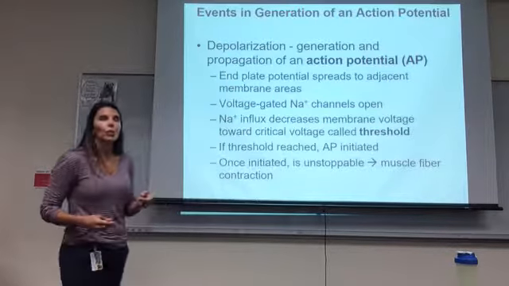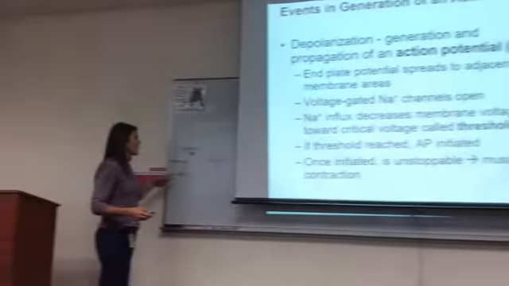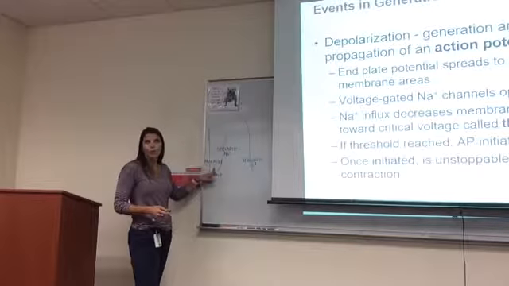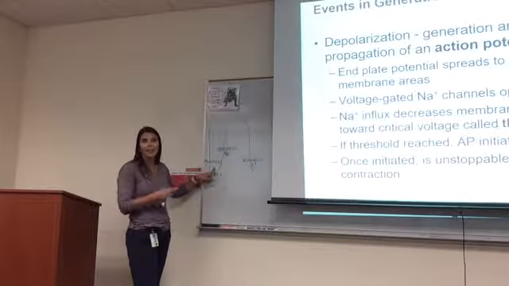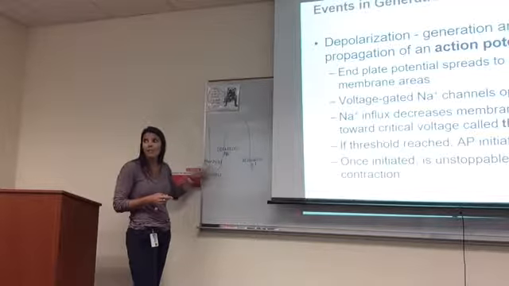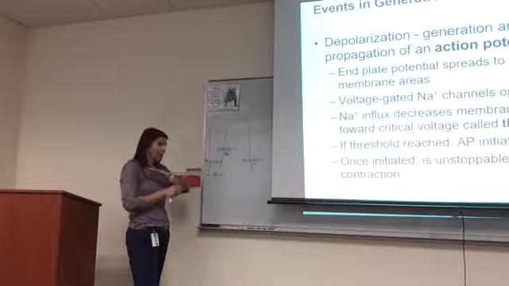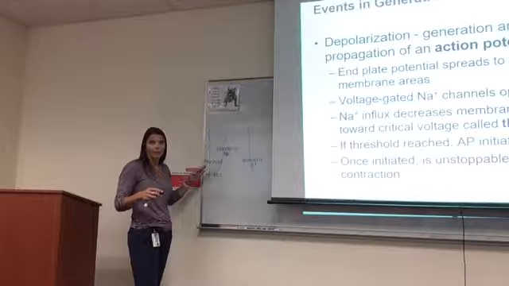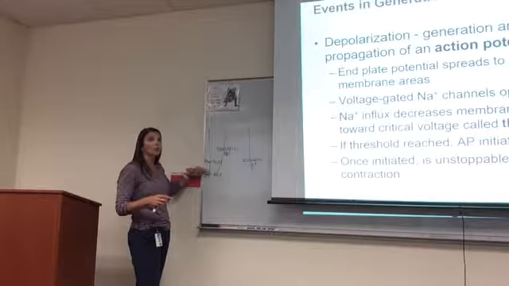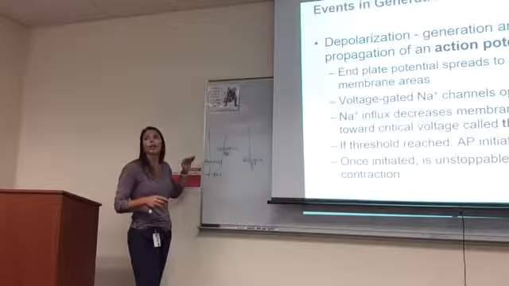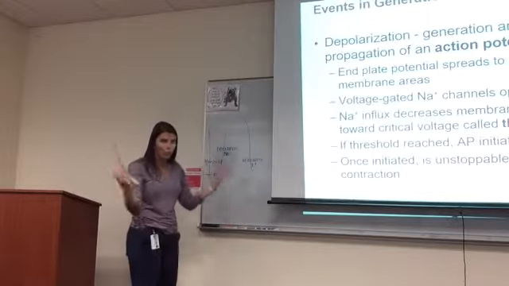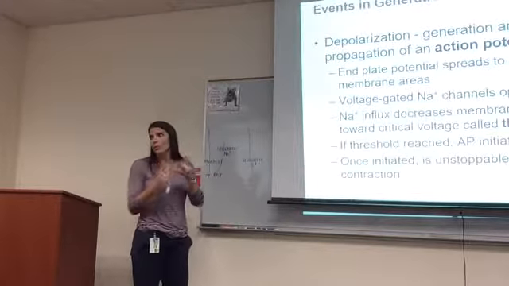When your excitatory outnumbers your inhibitory, you reach threshold. Once you hit threshold, it's like pulling the trigger of a gun. Once you pull it, there's nothing you can do to stop it. So once I hit threshold and I tell my muscles this is what we're going to do, the muscles go straight into the workload. Okay?